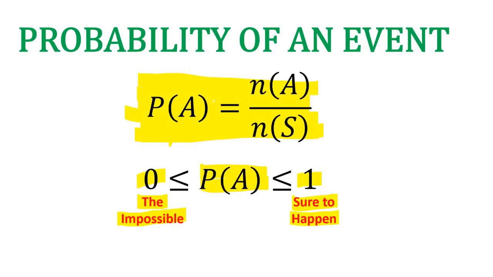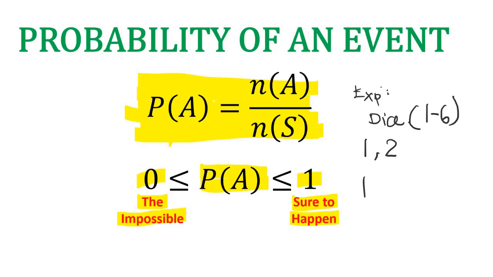So for example, throwing a dice. When you throw a dice, you will surely get number 1, isn't it? You will surely get number 2, because in a dice we have numbers 1 until 6.